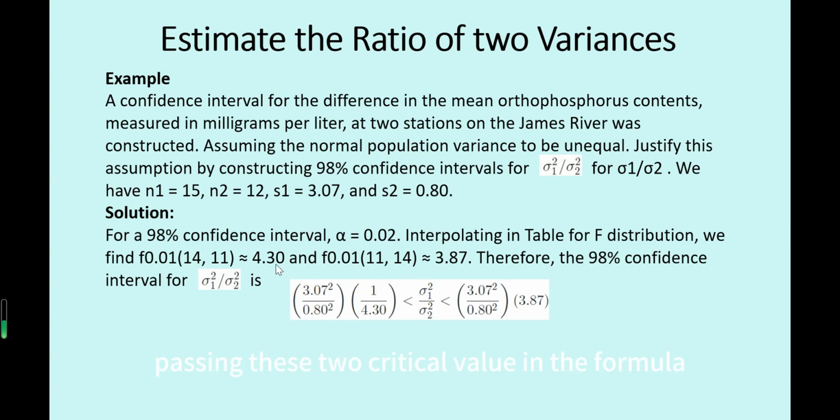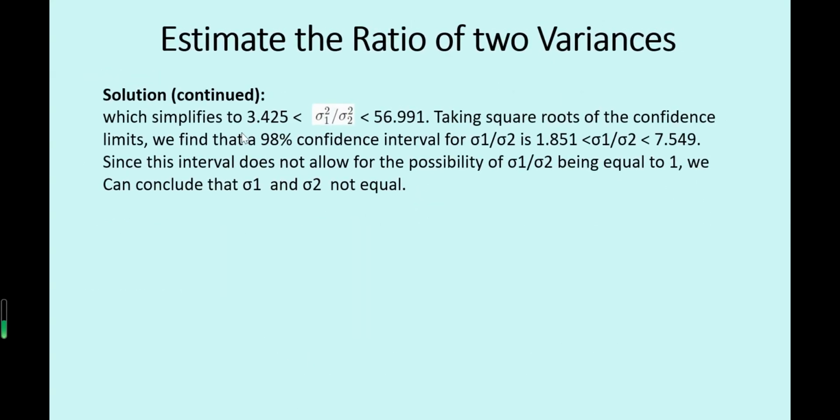After putting these two critical values into the formula from the previous page, we can get the 98% confidence interval for the population variance ratio is between these two values, which simplifies to 3.425 and 56.91.